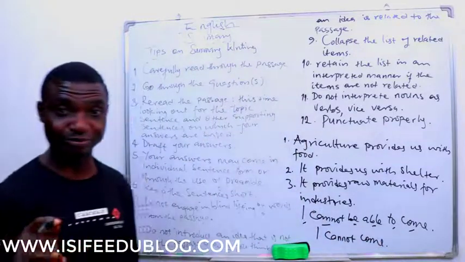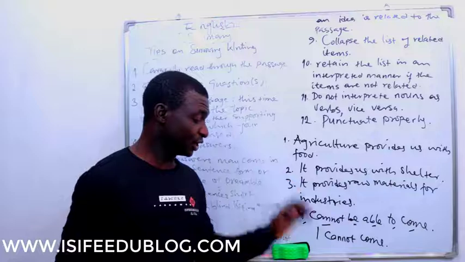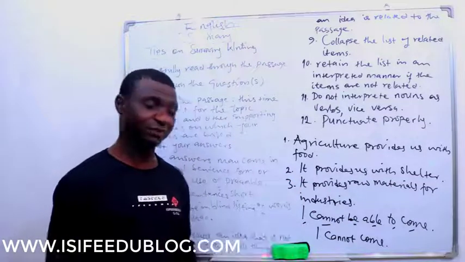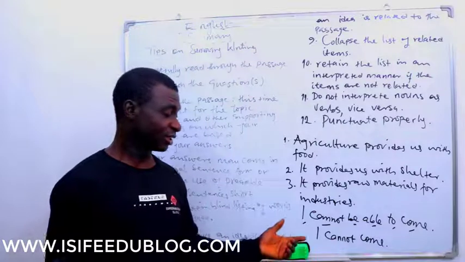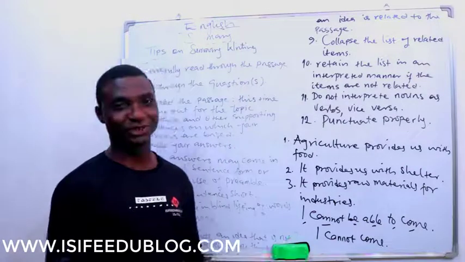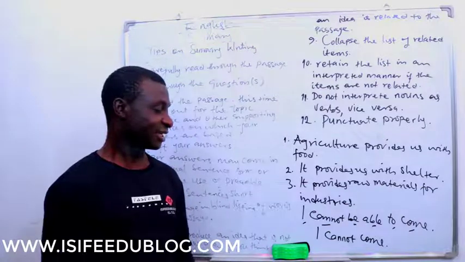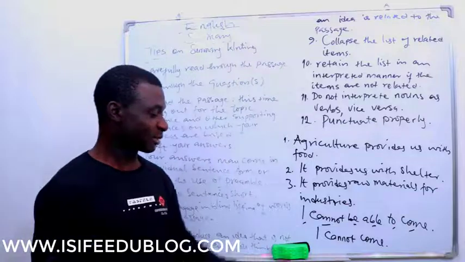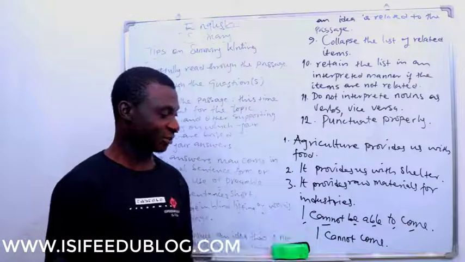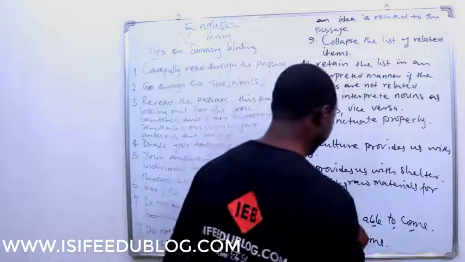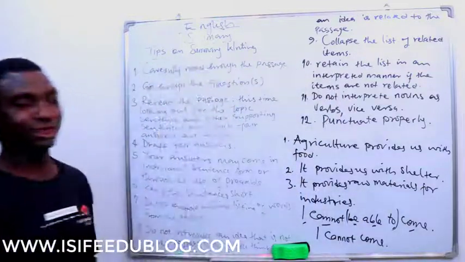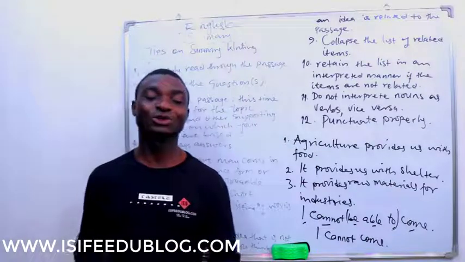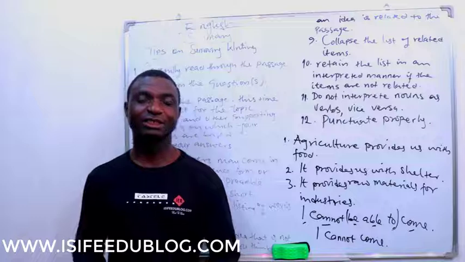I cannot come is a beautiful sentence. Correct King's English. But instead of using this correct King's English, somebody comes to say, I cannot be able to come. Now, adding 3 words to make the sentence wrong. What I'm saying is this. Keep your sentences as short as possible to avoid errors.